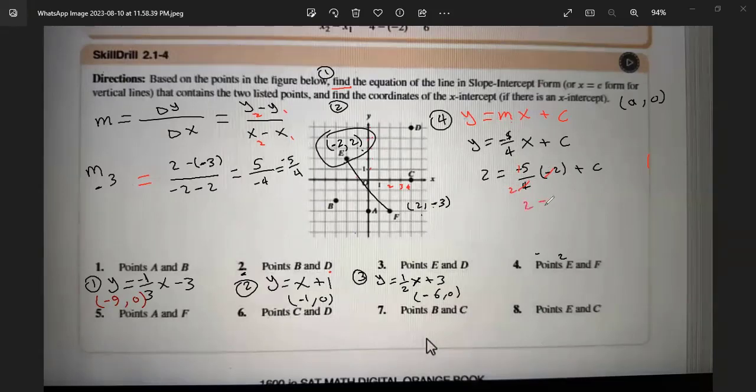So we have 2 equals 5/2 plus c. Just move this here by opposite operations, so c equals 2 minus 5 over 2. This is 2.5, so 2 minus 2.5. The answer is -1/2. Okay, the answer is c equals -1/2, by calculator.